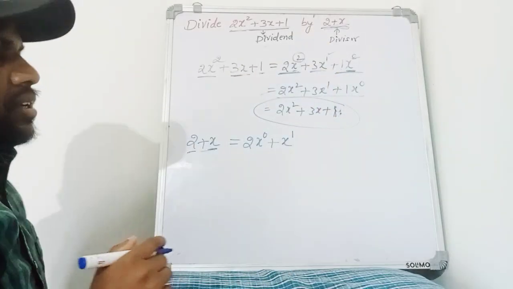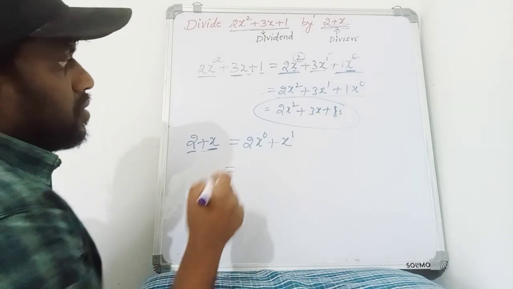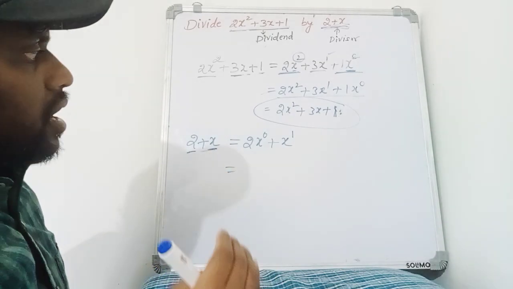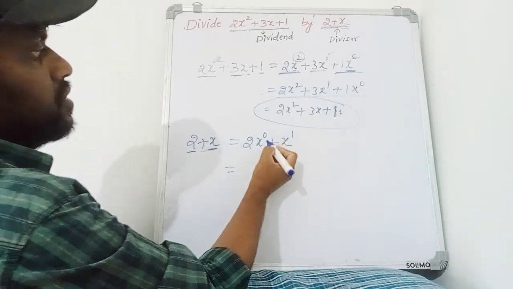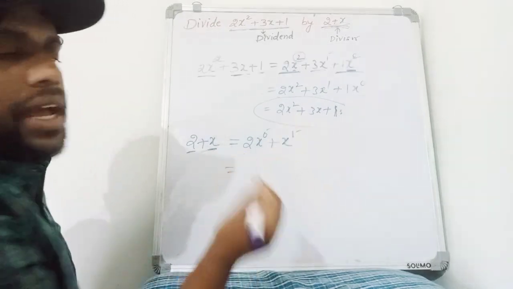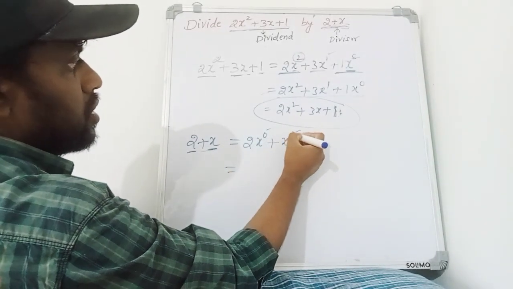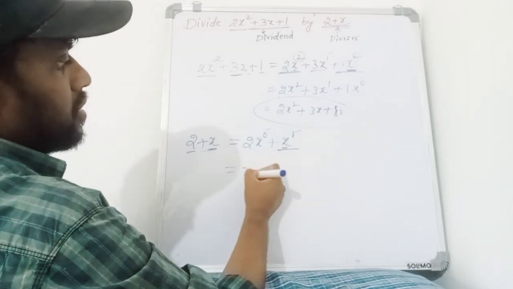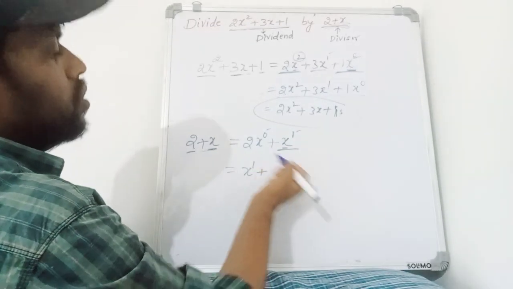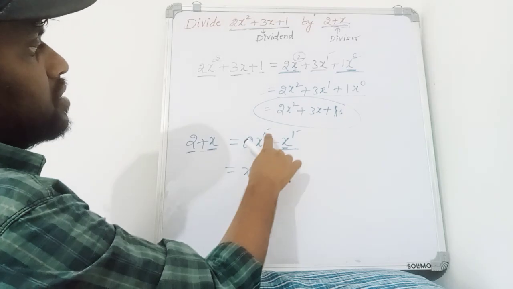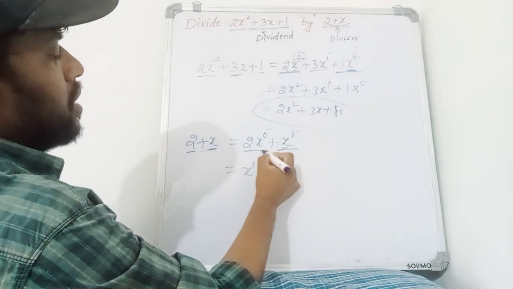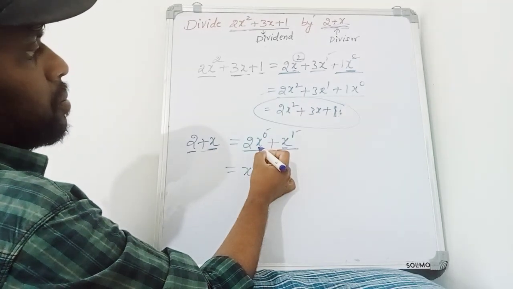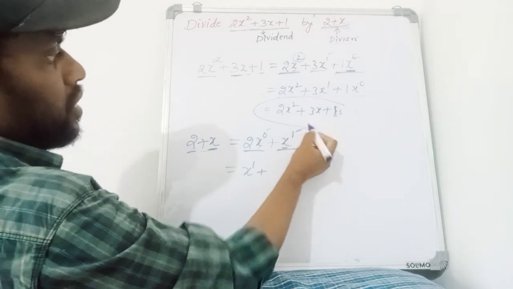Same way, first consider the highest power of x. Here 0 is there, here 1 is there, which is the highest power, 1 only. So this x has the highest power. First write this term, entire thing, x to the power of 1. Next, less than 1 is 0, so this term contains the x that has power less than 1.